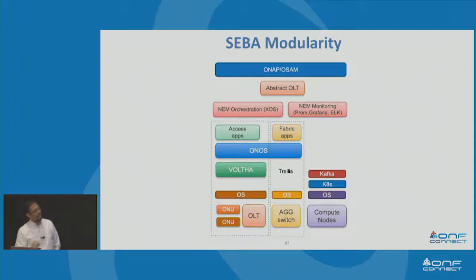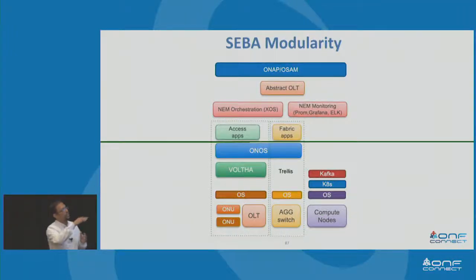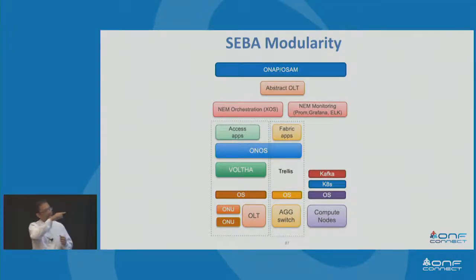Yeah, slightly old slide, but that abstract OLT, basically, this was related to ONAP, which you may have heard of, is a global orchestration. So today in the SEBA exemplar, we have NEM as the northbound. If you want to interact with the SEBA pod, you interact with NEM's northbound interfaces.